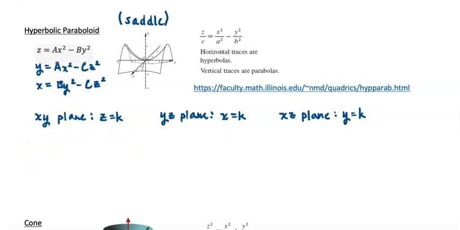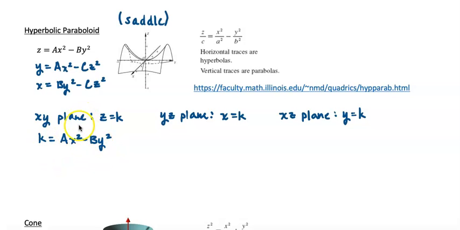All right, so in our xy plane, our z is equal to some k. When we plug that into this equation, we are just left with k is equal to ax squared minus by squared. And what is this in the form of?